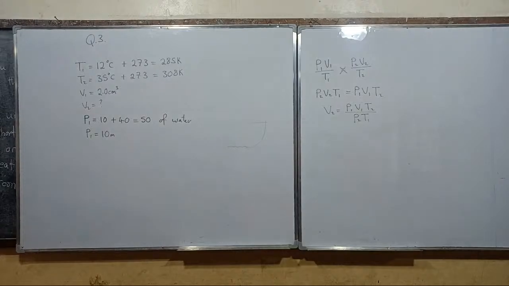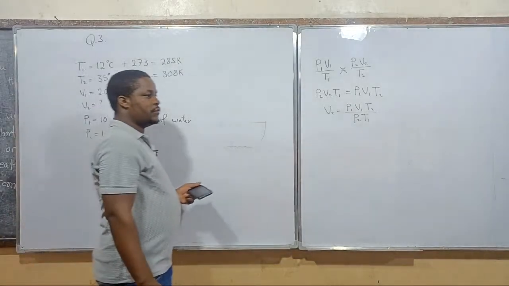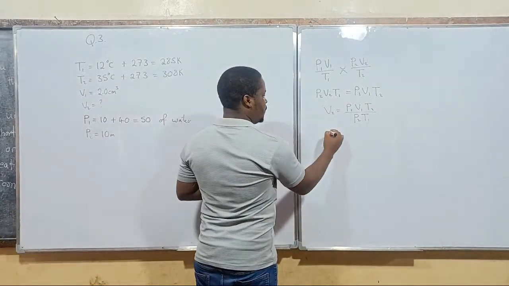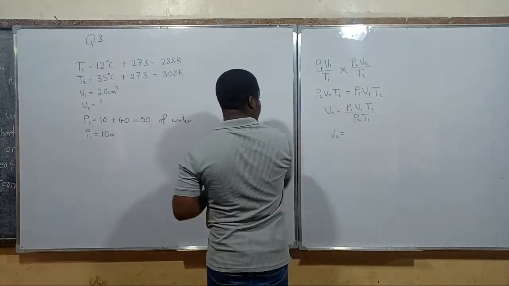Okay. So now, based on the information that we have in the question, let's just go ahead and do the substitutions. So substituting, this is what we're going to get. We know that V2 in this case will be equal to pressure 1, we have 50.